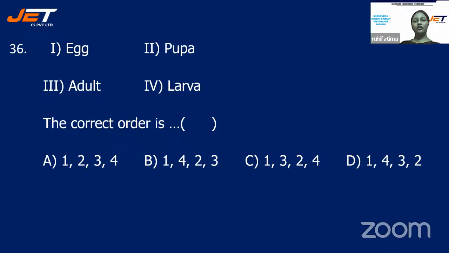The correct order is, I know you must have read about the life cycle of the silk moth or butterfly. So I want you to answer this question. I'm giving you 30 seconds. Arrange it properly. Come on, students, and your time starts now.